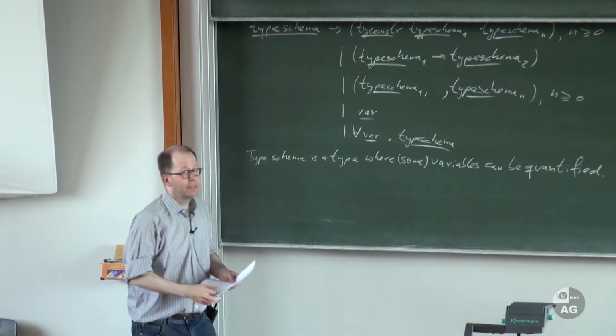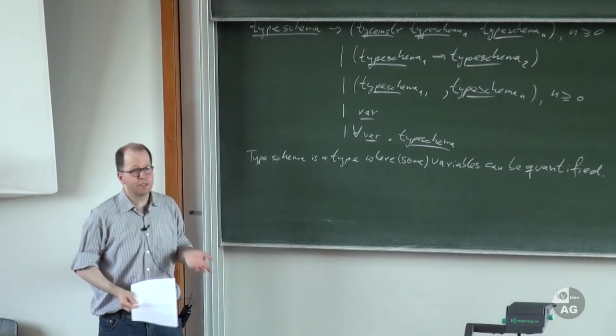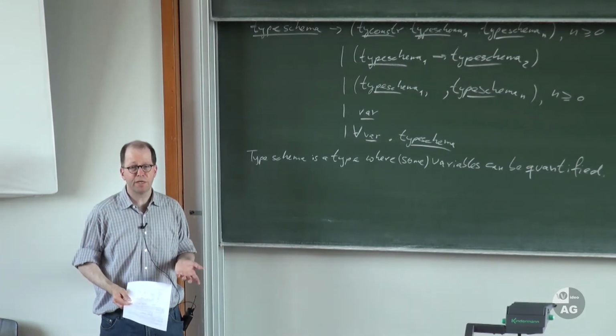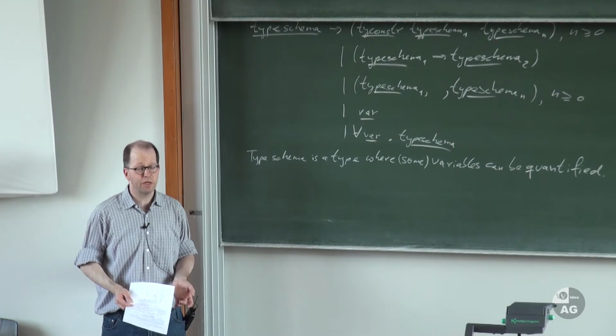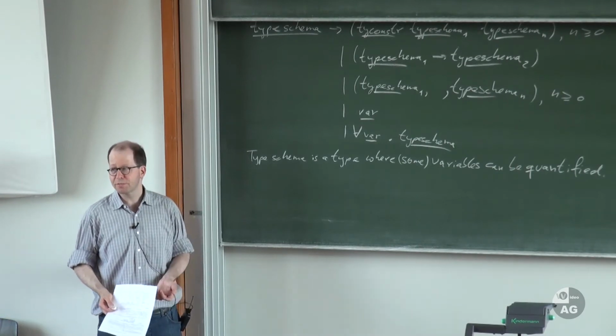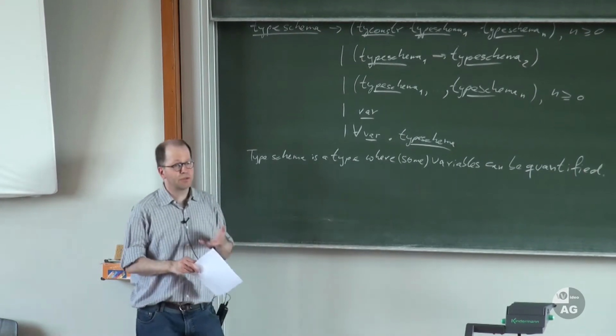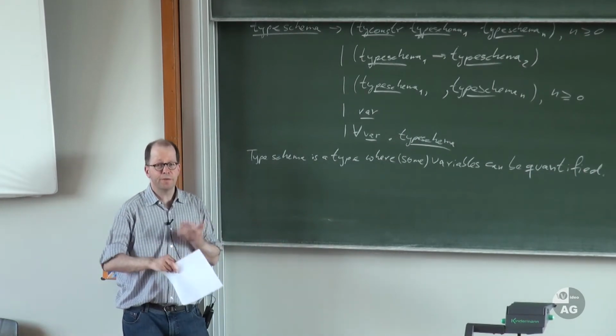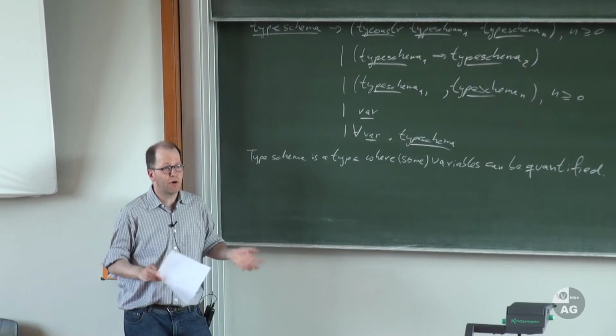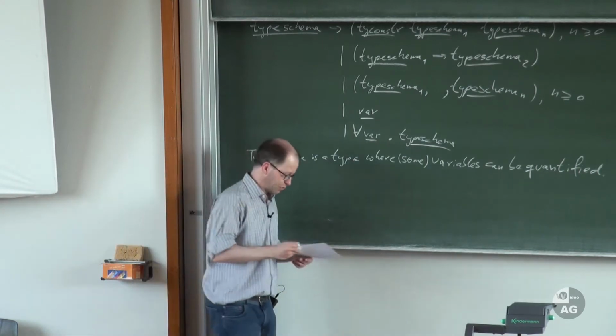And if a type schema contains a variable that is not bound by a quantifier, then we say it's a free variable. And we had this concept of free variables already several times. And sometimes it's nice to have a notation where we add a quantifier for all the variables that were free up to now.